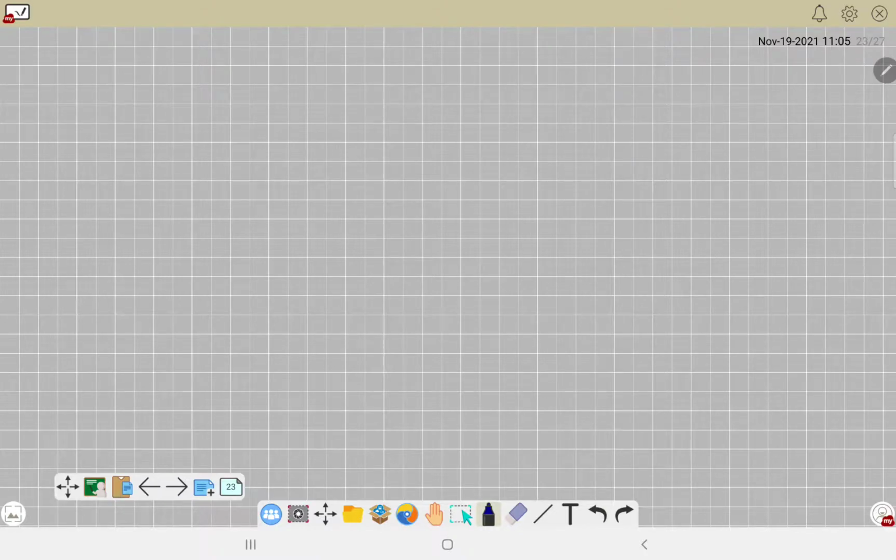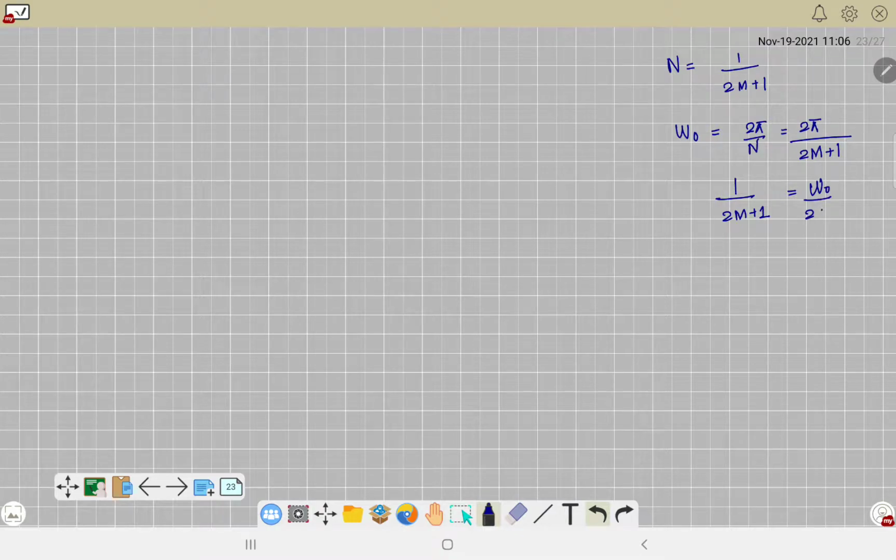Now you know that your fundamental time period is, oh no, it's not T, we represent it by N, that is 2M plus 1, and your omega naught is 2 pi by N, which means for this particular case it is 2 pi by 2M plus 1. So 1 by 2M plus 1 is actually equivalent to omega naught by 2 pi.